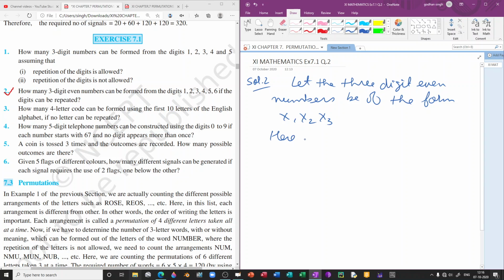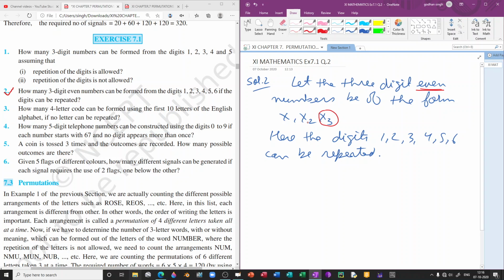Moreover, the 3-digit number should be an even number, and if the last digit of a number is a multiple of 2, that is 0, 2, 4, 6 or 8, it is even.